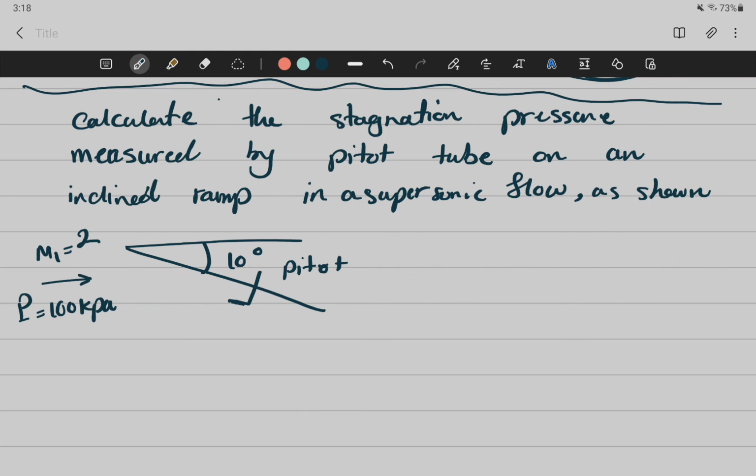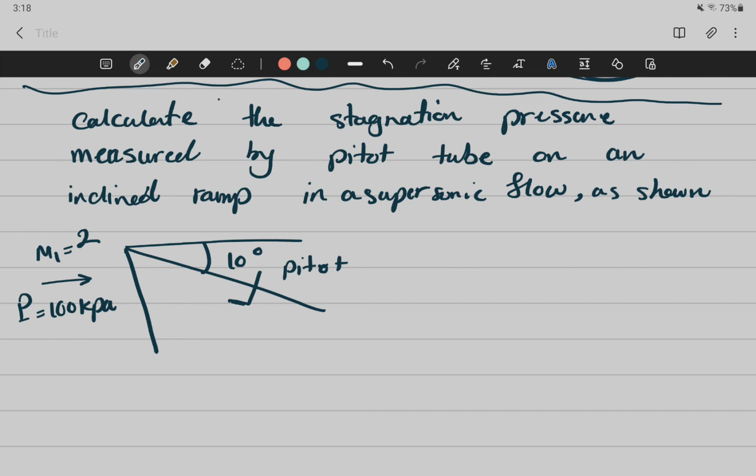At one location, you either are going to have a strong shock wave, a weak shock, a normal shock, or an expansion wave. You are not going to have 2 shock waves at one location, right? So one oblique shock wave here, and it is probably a weak shock wave because in this course we are only going to deal with weak shock.